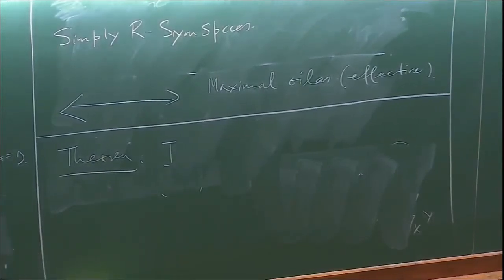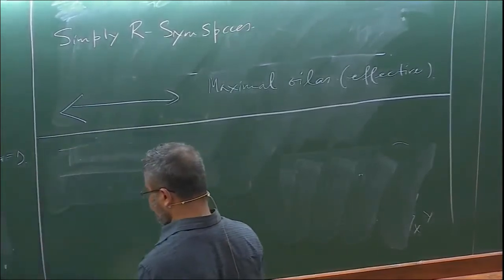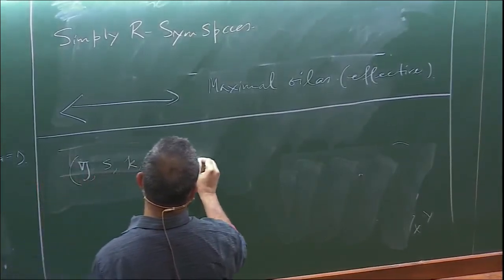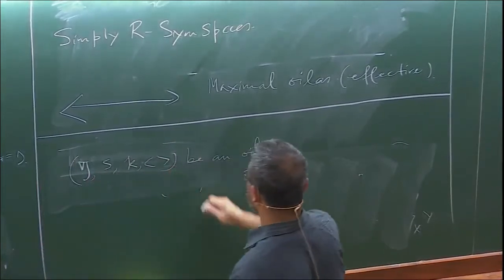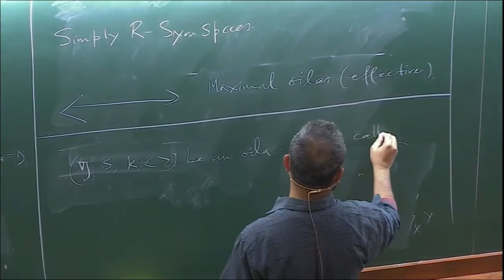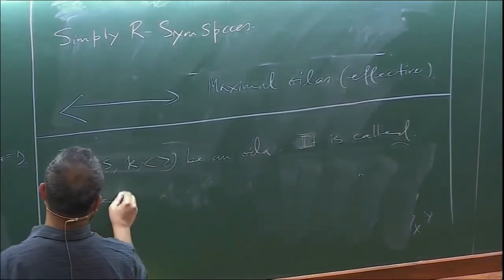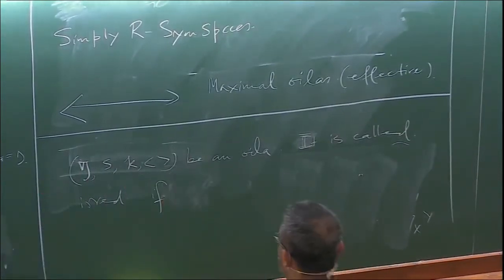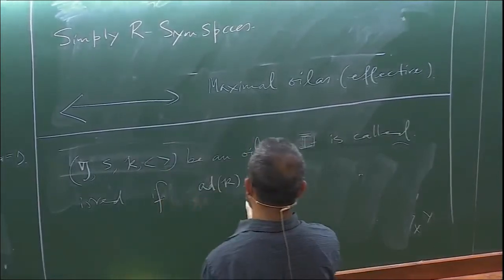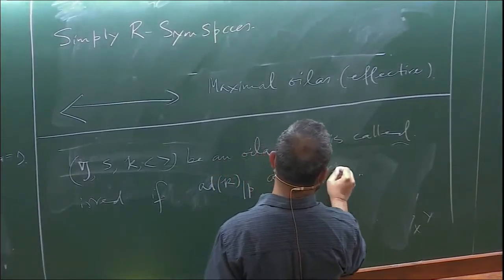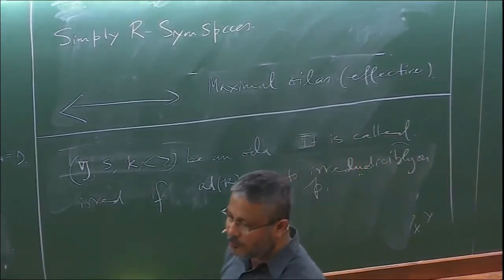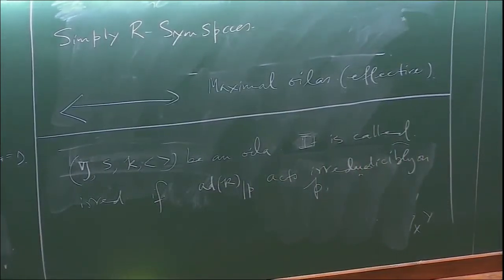Let (G, S, K, P) be an OILA. It is called irreducible if ad K, so K keeps P invariant, so ad K acts irreducibly on P. That means there are no proper ad K invariant subspaces in P.